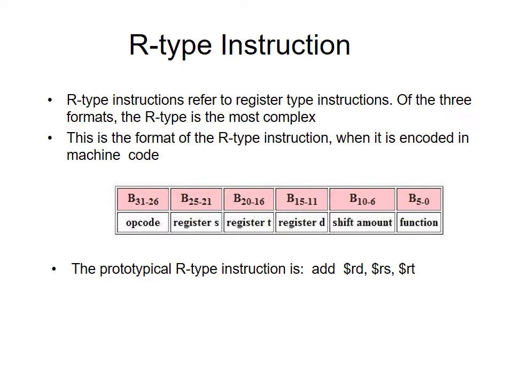If you follow the R type format, you can see that bit 0 to bit 5, the first 6 bits, work as the function, then bit 6 to 10, the next 5 bits, work as the shift amount, and bit 11 to bit 15 work as the destination register, register D. Then 16 to 20 work as another register, register T, and 21 to 25 work as register S. Registers T and S work as source registers, and register D is the destination register.